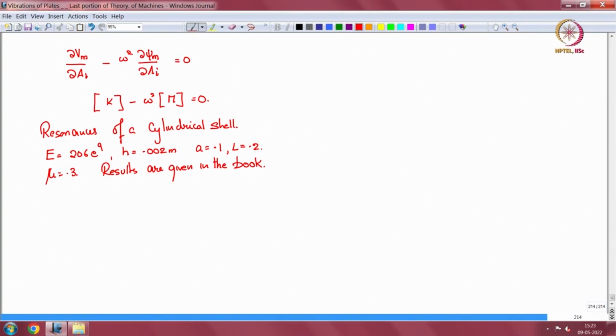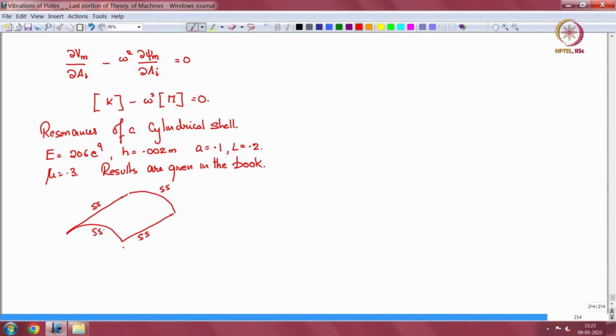Now, if you are faced with a cylindrical panel, it is not fully closed in the theta direction. So it is not closed in the theta direction, it is simply supported here, here, here and here.